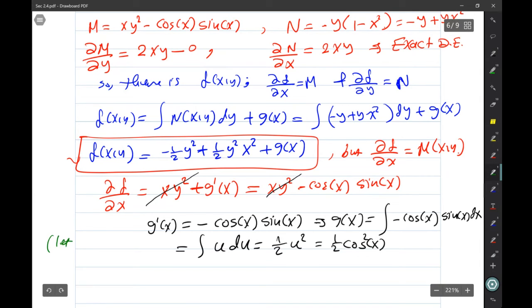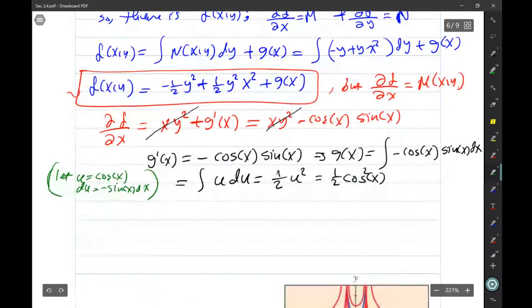Of course here I have to say let u equal cosine x, so du equals minus sine x dx. So you find now the function g of x.